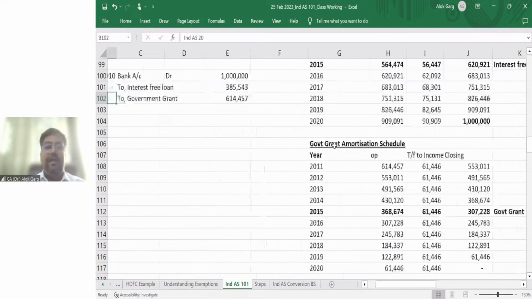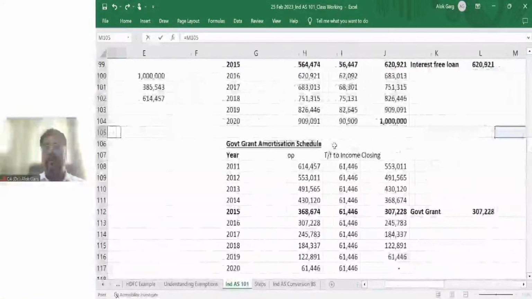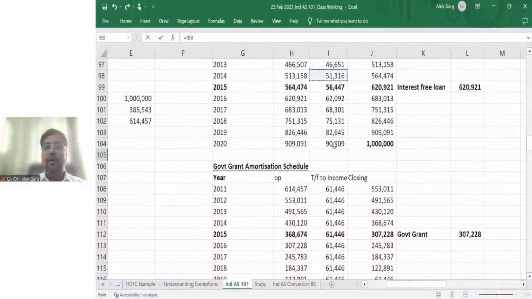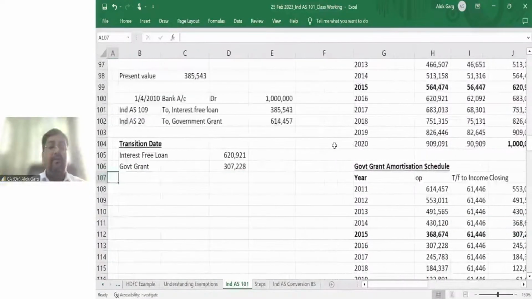On the transition date, your interest-free loan and balance of government grant on the transition date is how much? It will come out at 607,921 and government grant is 307,228, right?